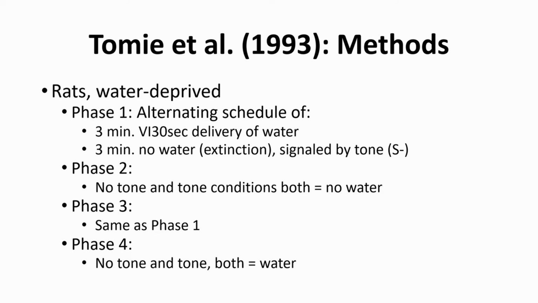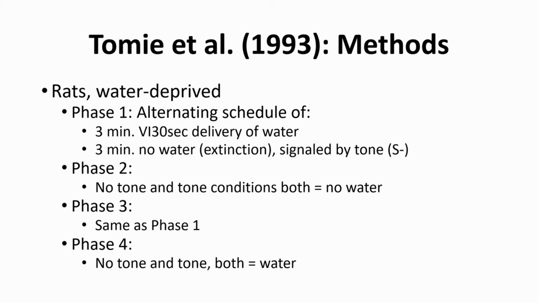So we introduce an S- that means no water. So that tone tells us that water will not be delivered. Whenever that tone isn't present, then water is delivered on that 30-second variable interval schedule, but whenever the tone is present, there's no water.